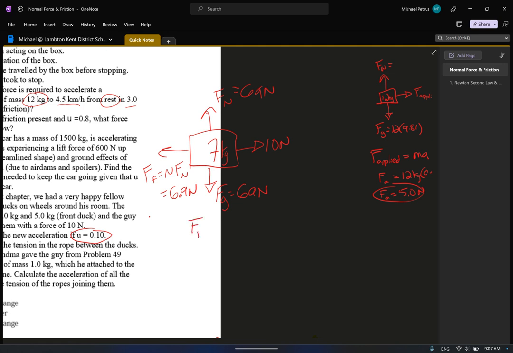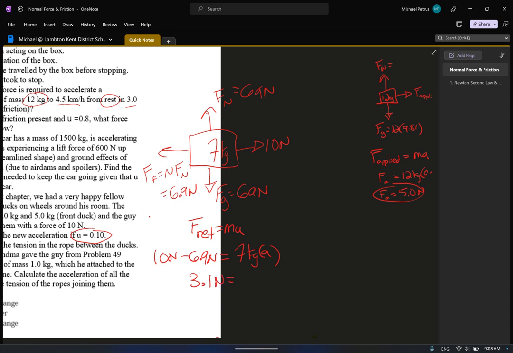So now I'm going to go F net equals mass times acceleration equals 7 kilograms, just like before, times the acceleration. But now on the left side, I've got a forward force of 10 newtons, but I've also got a 6.9 newton frictional force backwards, right? So that's going to give me 3.1 newtons.